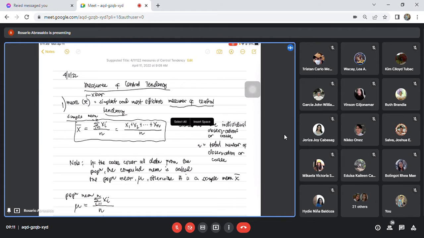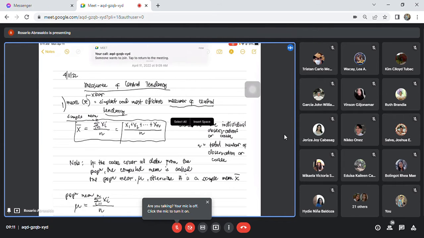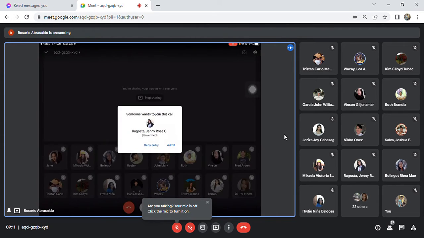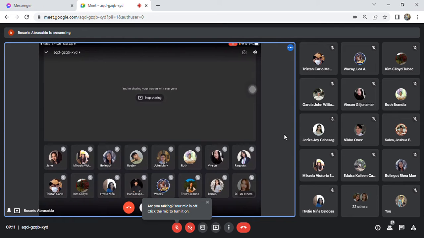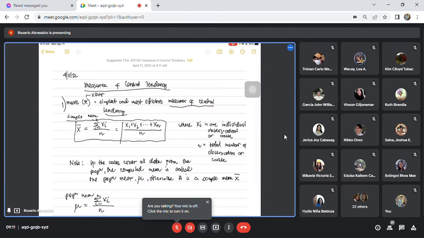So, if you expand, this is the formula: x sub 1 plus x sub 2 plus dots plus x sub n over n. The x sub i are the individual observations or cases. The n is the total number of observations or cases.